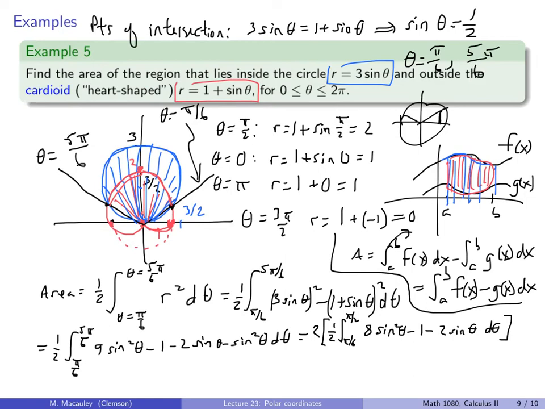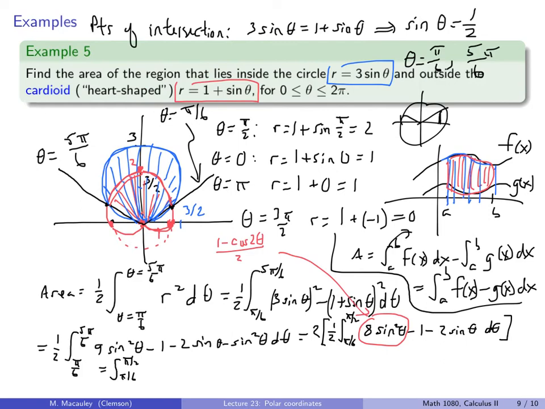Now, we know how to simplify sine squared theta. Typically it's easier to do with the double angle formulas. I'm going to save my space and recall up here that that's (1 minus cosine of 2 theta) over 2. So let's simplify this. We are integrating from pi over 6 to pi over 2.